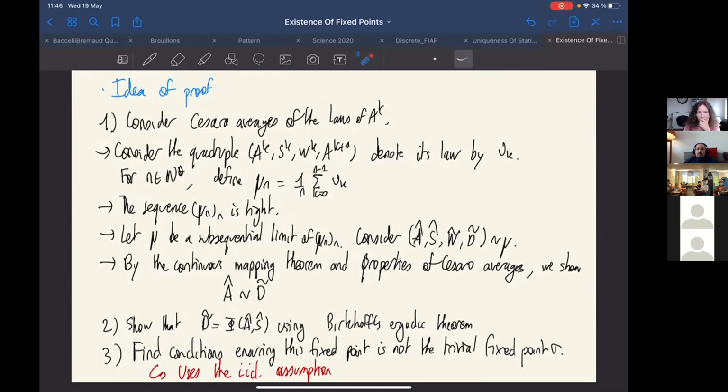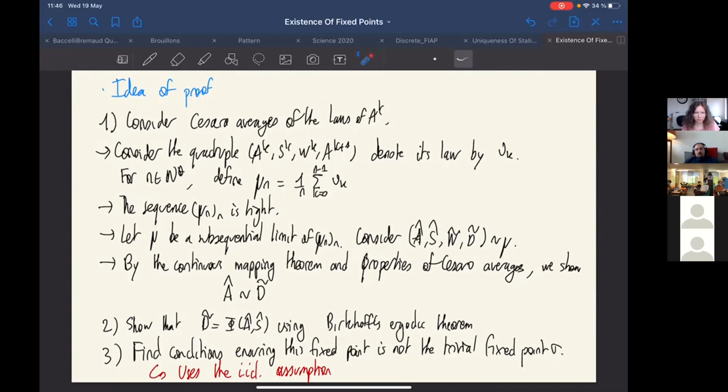I don't know what tight means. Okay. Basically, I think actually the easiest way to see it is through Prokhorov's theorem. It means that mu n admits weakly convergent subsequences.